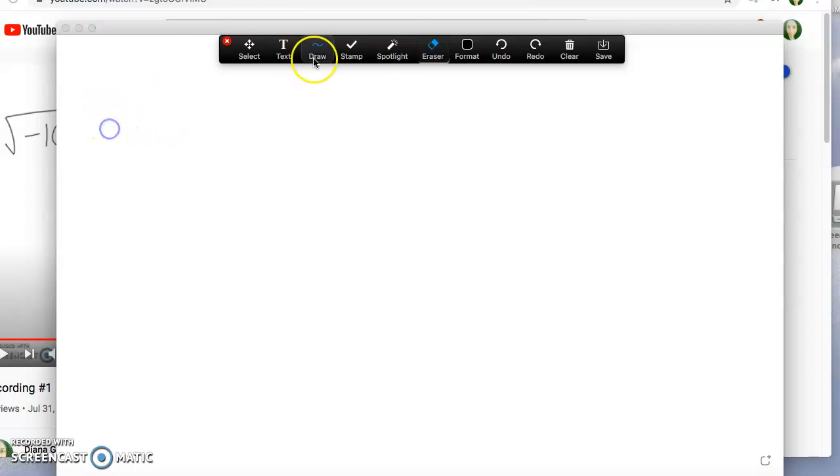Okay, so here we have (4 plus 3i) over 2i. Now remember, I cannot have i in my denominator, so I have to get rid of this i. I have to divide it out.